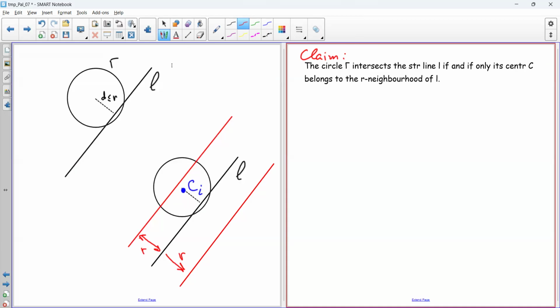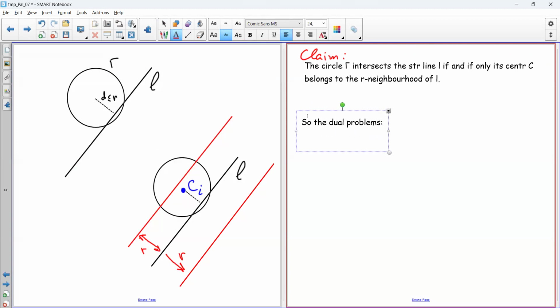So now let's reformulate the dual problem. A family of strips with width double r are given on a plane.